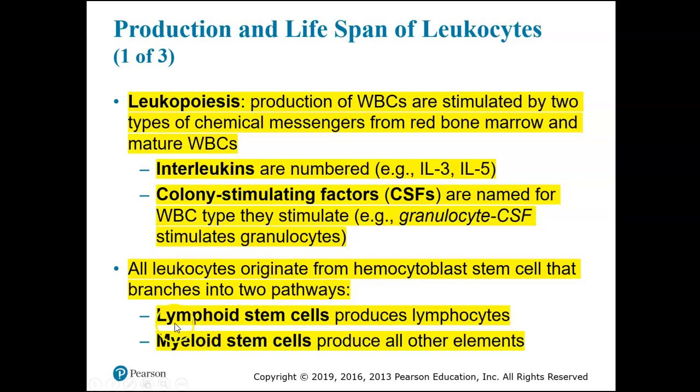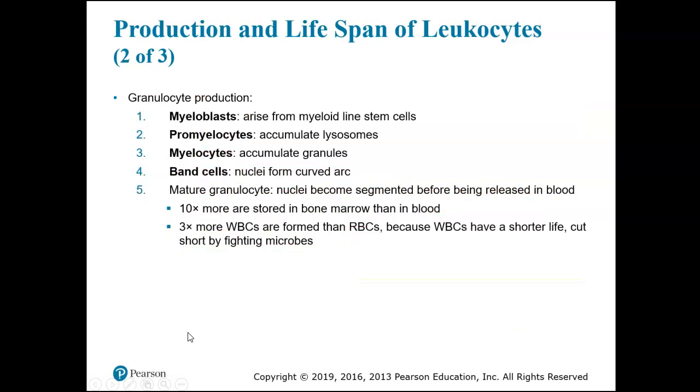Hemocytoblast can branch into two pathways. Myeloid stem cells produce everything, including red blood cells and platelets, and all the white blood cells except the lymphocytes. And the lymphocytes originate from a different pathway called lymphoid stem cells.